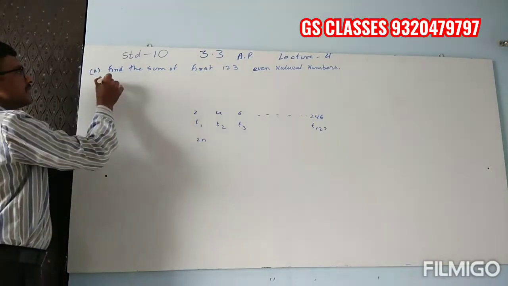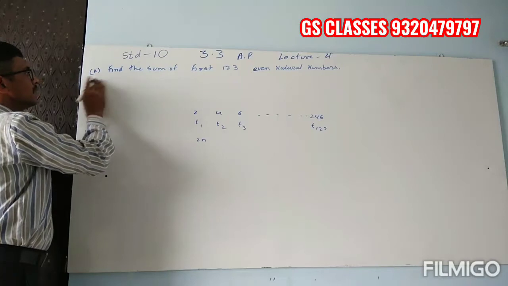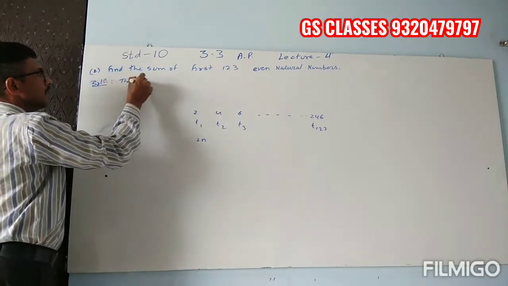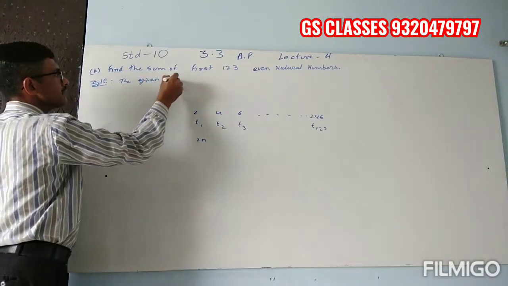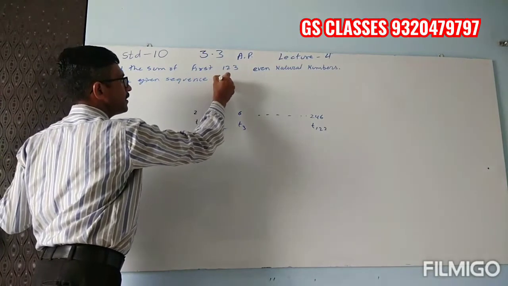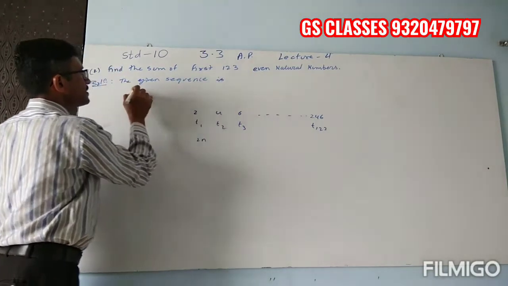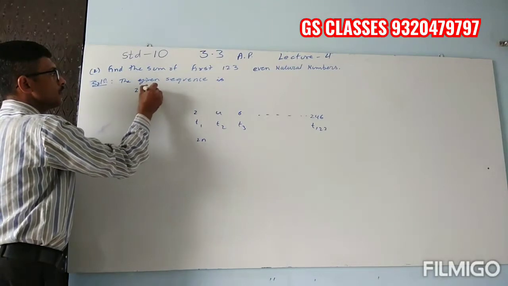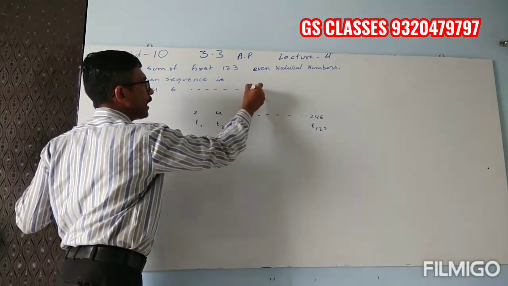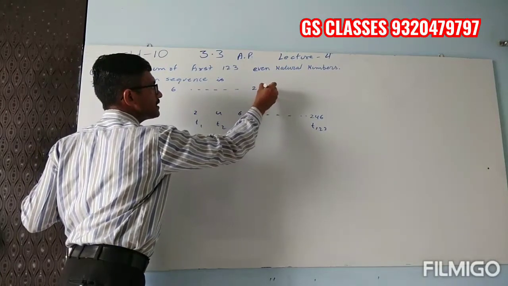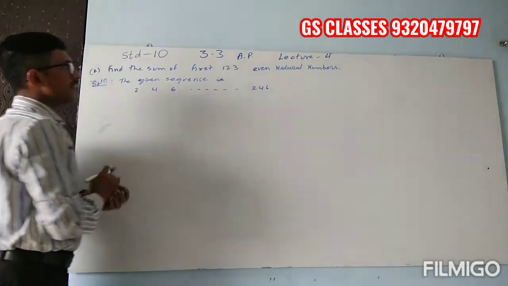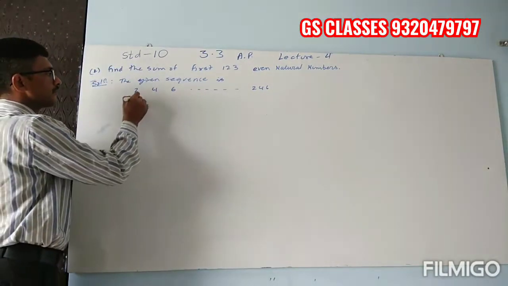We will now write, children, here in the solution, the given sequence is, what is the given sequence? 2, 4, 6 dot up to 246. So these are the even natural numbers.